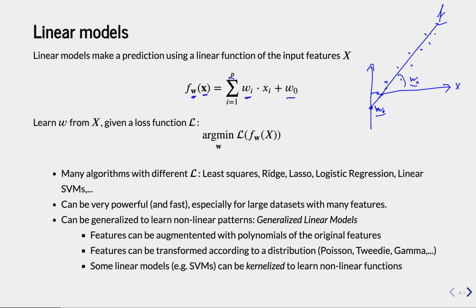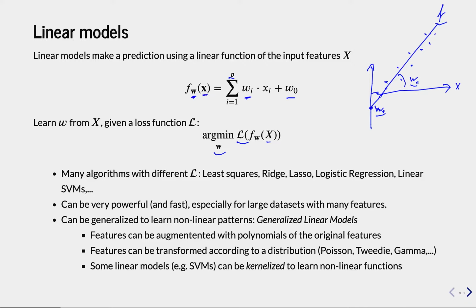Right. So basically, this is a class of functions which will always be linear, and where the goal is basically to find the values of this vector w, to find the weights based on data, according to some loss function L. This loss function basically tells us how good or how bad this solution is.